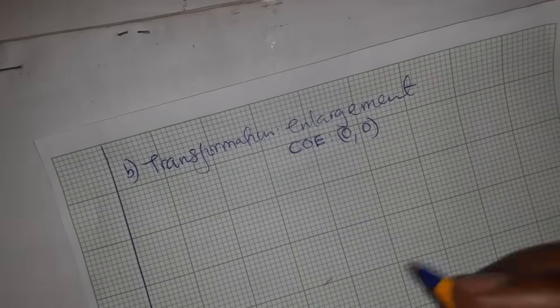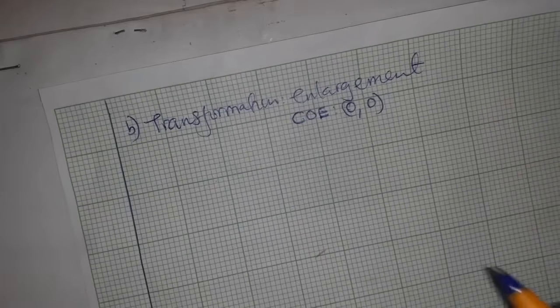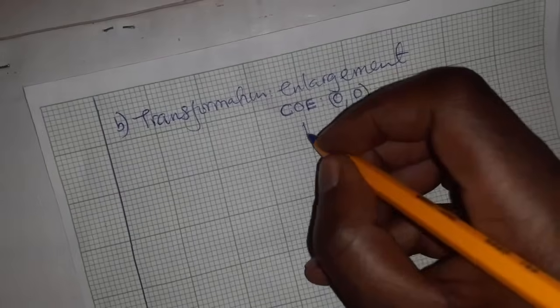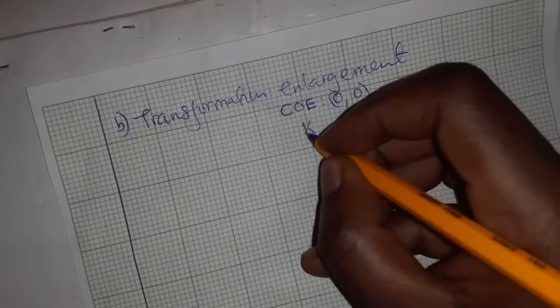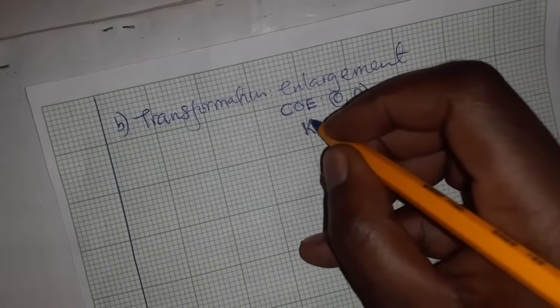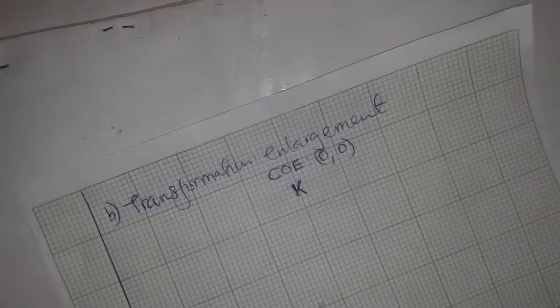The center of enlargement, you can write this in full, is (0,0). That's the center of enlargement. Then you need to write that there. Then now we need the scale of enlargement, the enlargement factor.